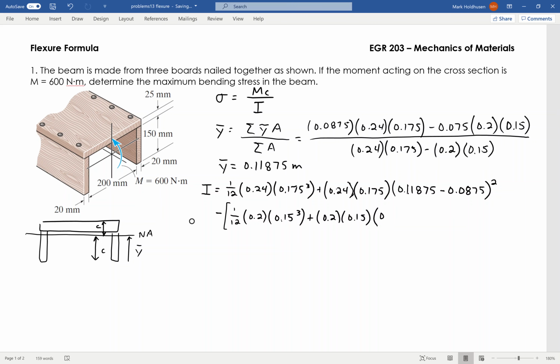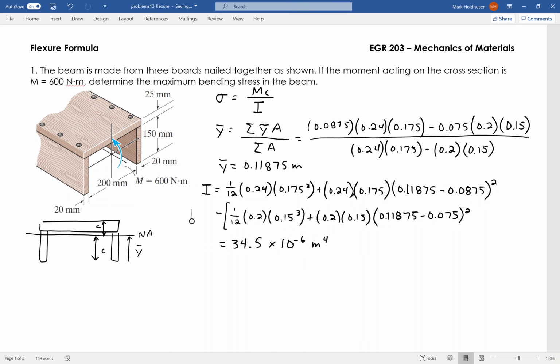So that's going to be 0.11875 minus 0.075, and then that's squared. So the moment of inertia about the neutral axis, when I calculate this out, is 34.5 times 10 to the minus 6 meters to the fourth.